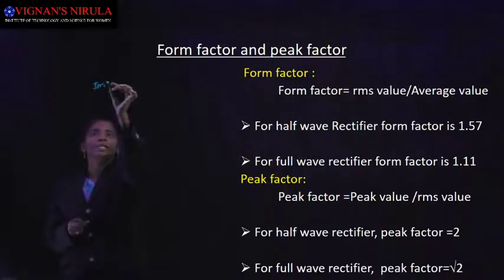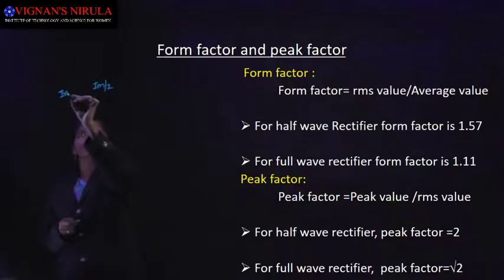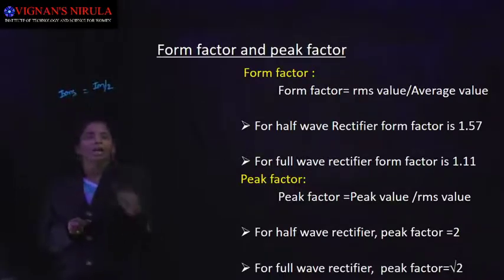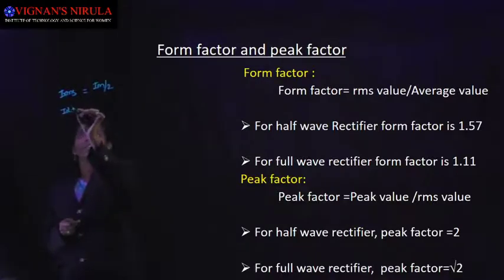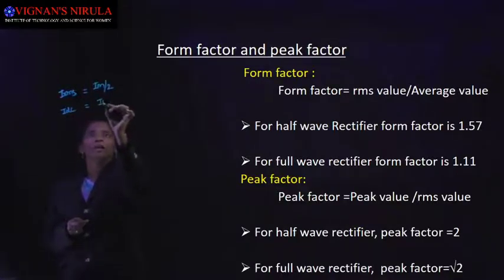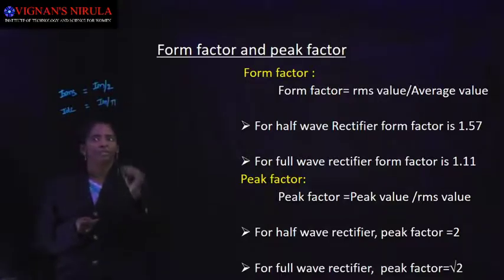I am considering it in terms of current. So IRMS equals Im by 2, and the average value IDC equals Im by pi. This is for the half wave rectifier. Now calculate the form factor.